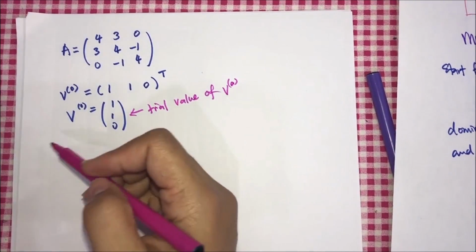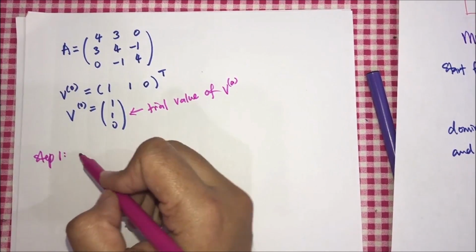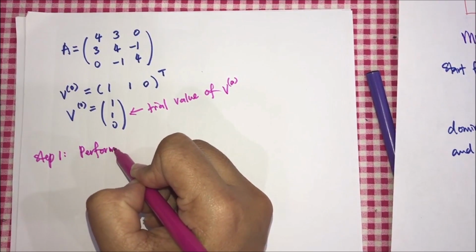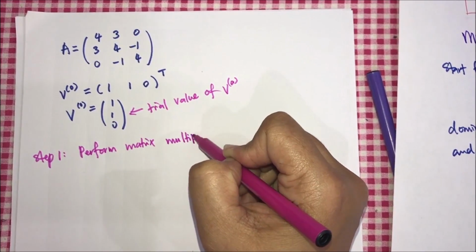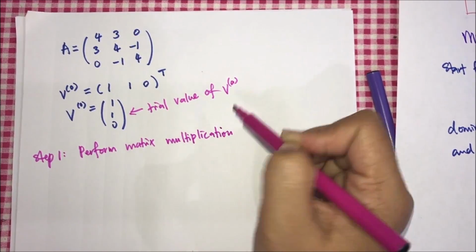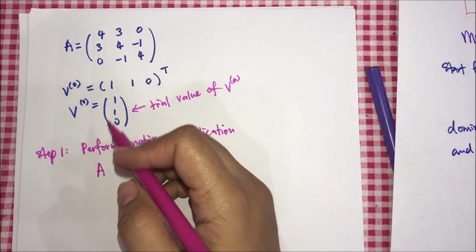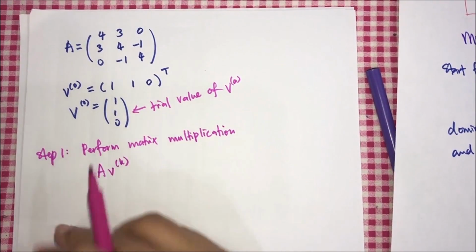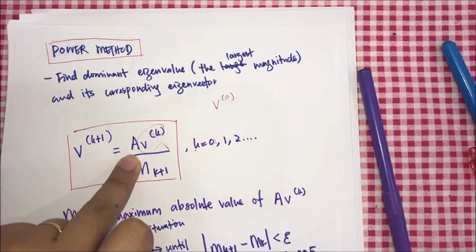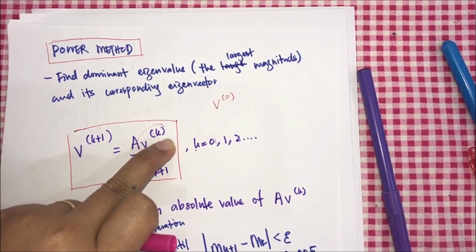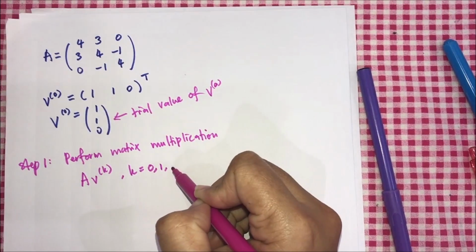The next step is to perform matrix multiplication, that means matrix A times matrix V. Back to the formula: A times V at level k, for k starting from 0, 1, and so on.